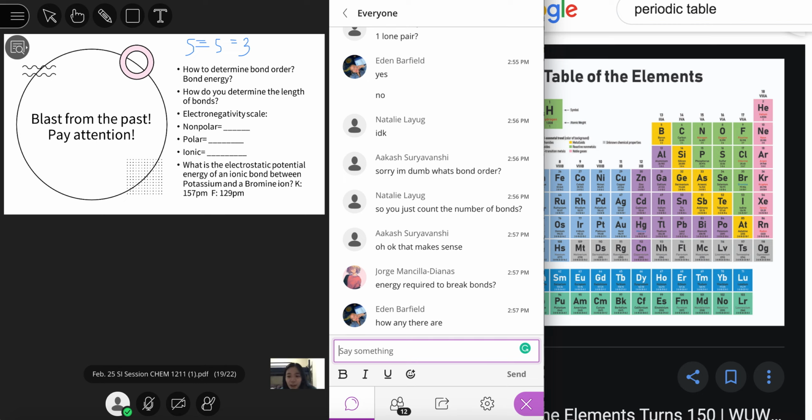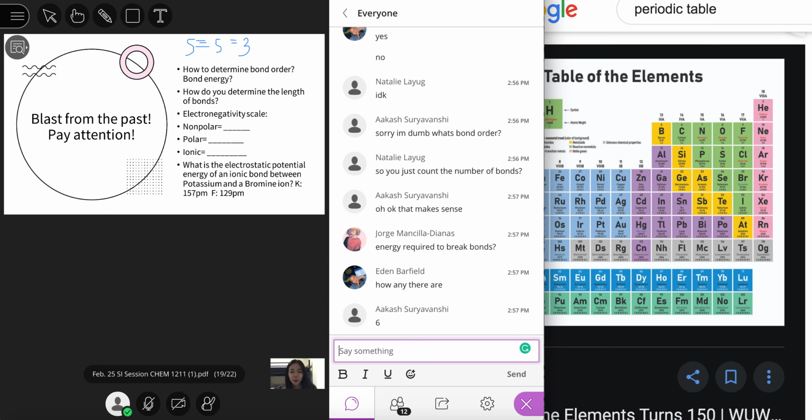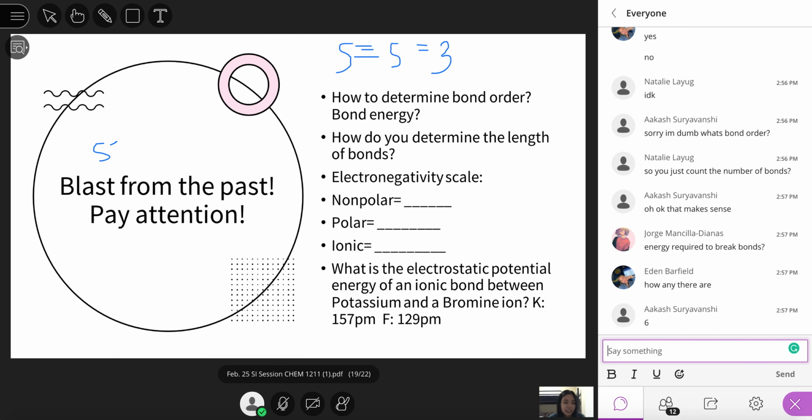Bond energy is going to be: the stronger bond energies have more lines. I'm not doing it numerically, I'm just doing the trend. The more lines you have, the stronger that bond is. And then what about the length of the bonds? How would you know which one's stronger, S to 3 bond orders, or S to just 1? Which one's stronger? Or which one's longer?